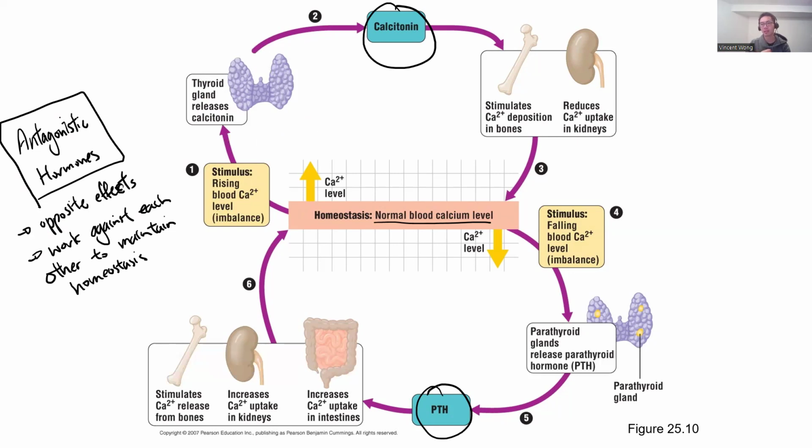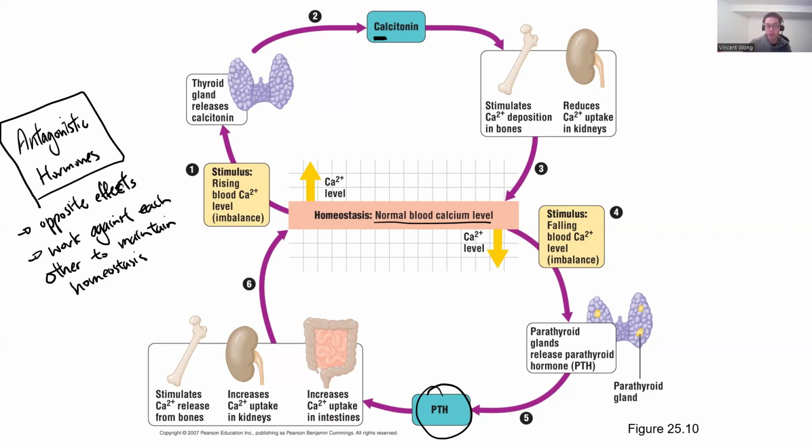Okay, thymus is the lymphatic organ, right, where the T cells mature. This is the thyroid. So the thyroid gland is going to release the calcitonin. So the way I remember it is when calcium increases in the blood, we need calcitonin.